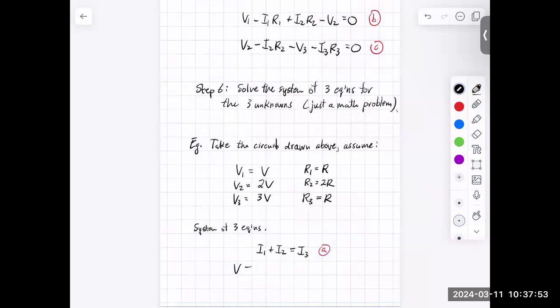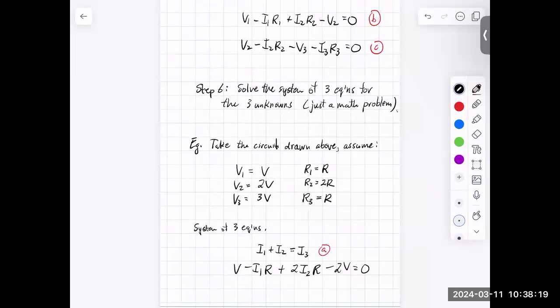And so that's just going to be minus I1 R. And then we'll have plus I2 R2. R2 is going to be 2R. So we'll get 2 I2 times R. And then we have minus V2, and so that's going to be minus 2V. That has to be equal to 0.